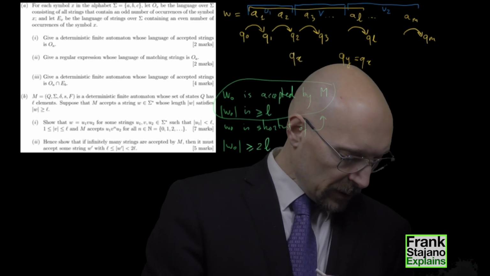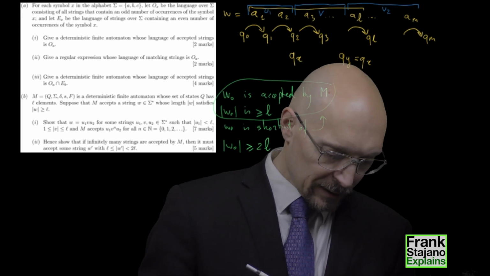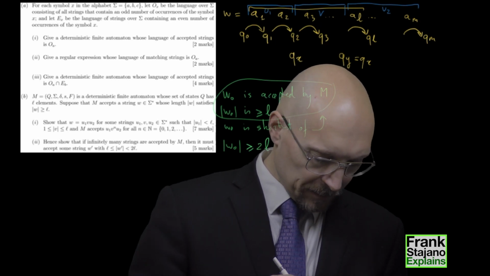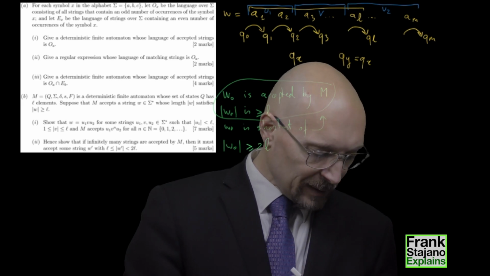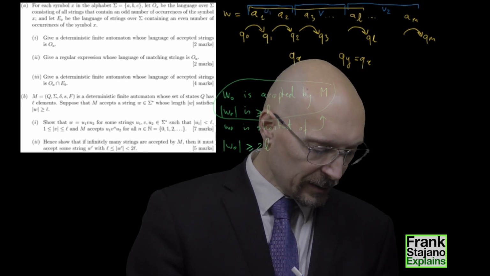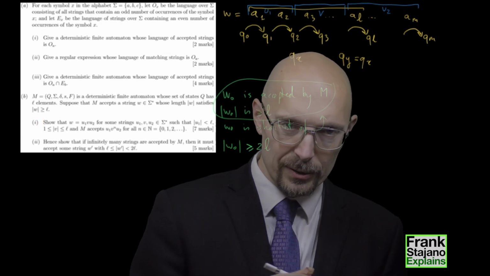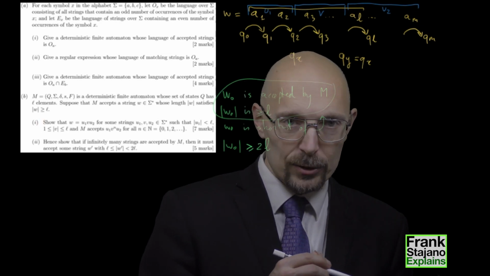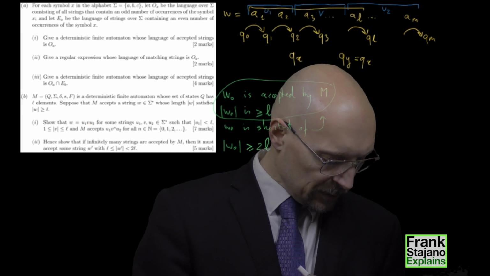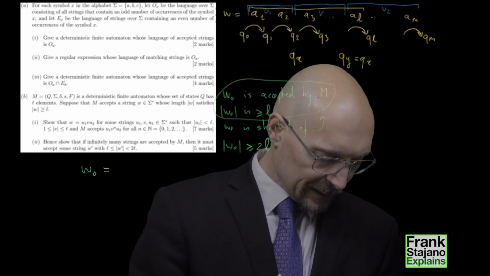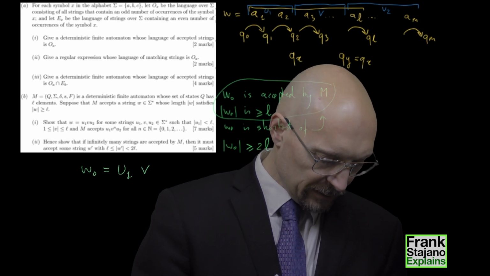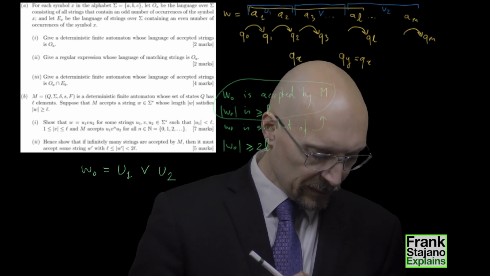W0, because it satisfies these conditions, matches the conditions of this theorem in B.ii, which is the pumping lemma. And so it must have this form over here. So W0 can be expressed as U1 V U2 for some U1, V and U2.